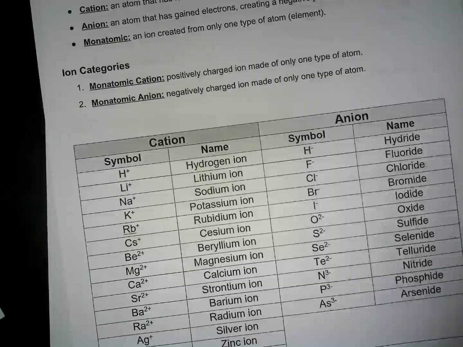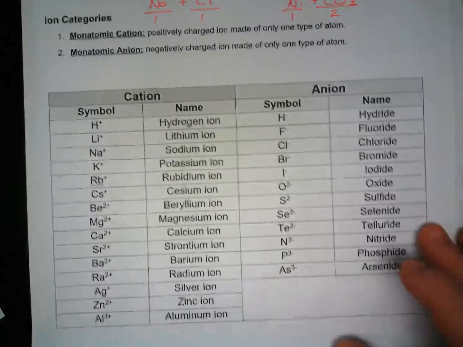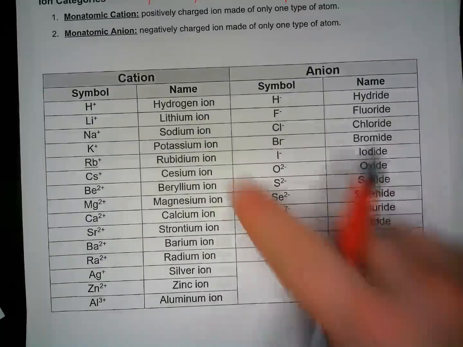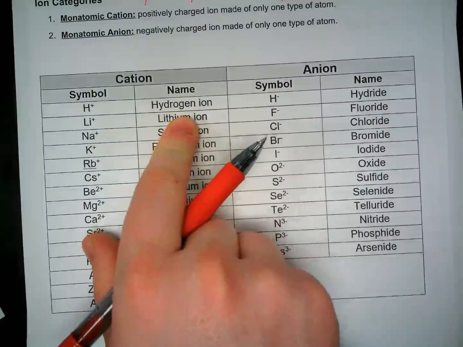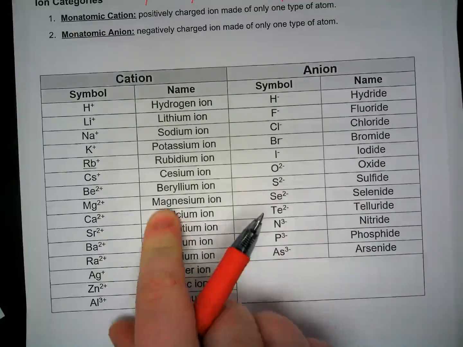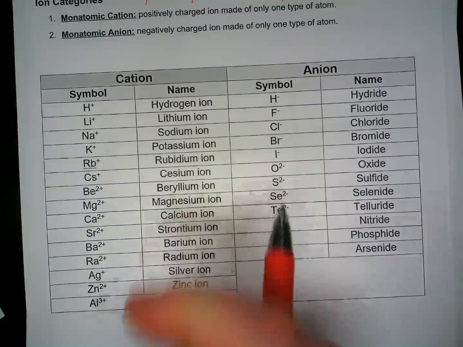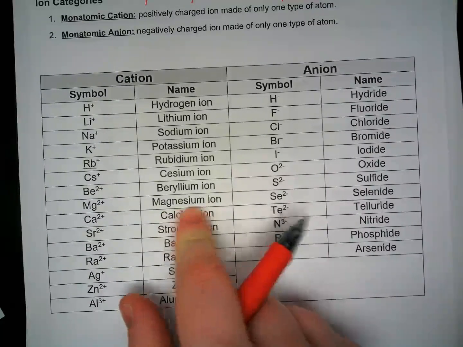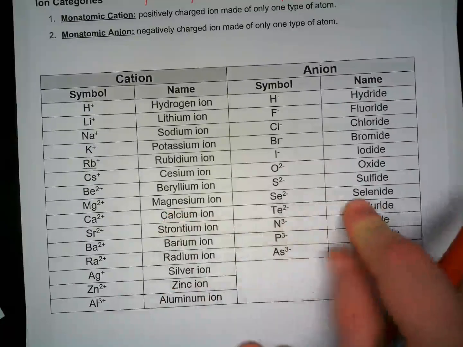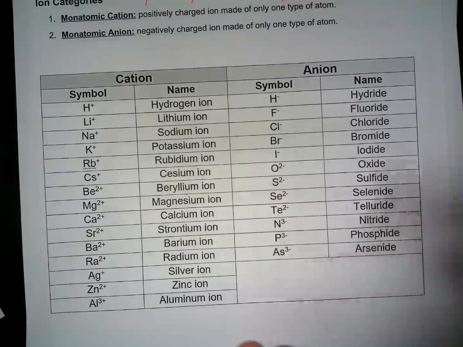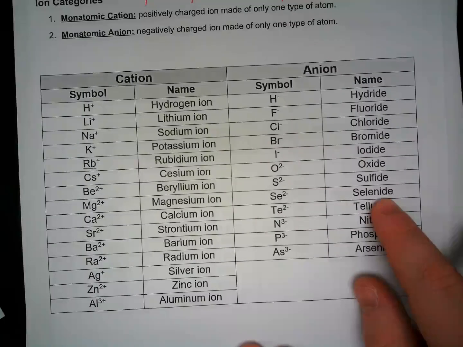So that's just breaking down the three ways that we would be seeing these bonded together. I wanted to wait on telling you about that because that's what's on the front here. If you're wondering why hydrogen is called a hydrogen ion here, or why magnesium is called magnesium: simply put, we call the cation by its actual name, but for the anion, we chop off the end of it and put IDE.